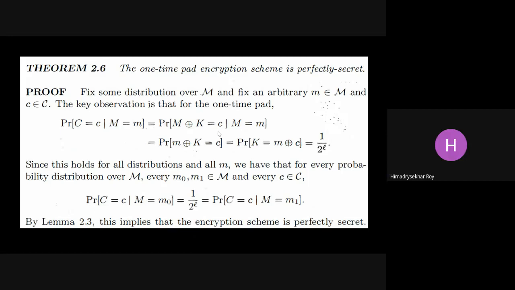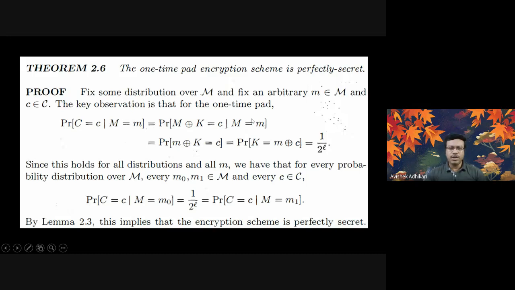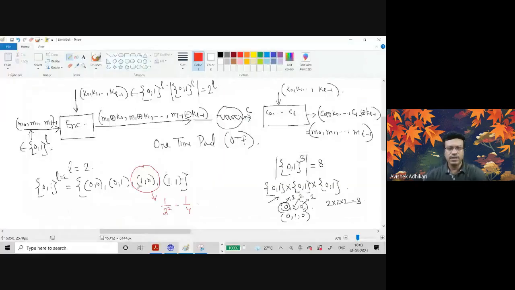Sir, I have a question about the second line, the probability of M. Yes. So you are using the fact that, what is this conditional probability? What is the meaning of a conditional probability? So probability, say x equal to a given say y equal to b.